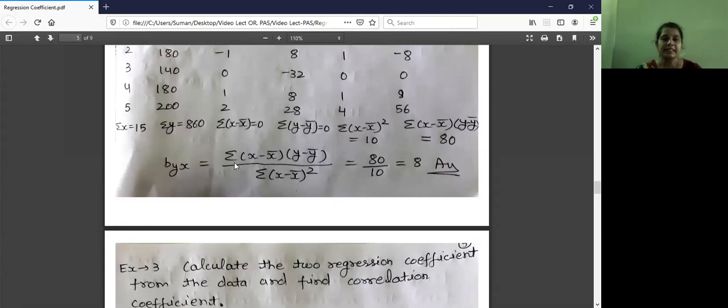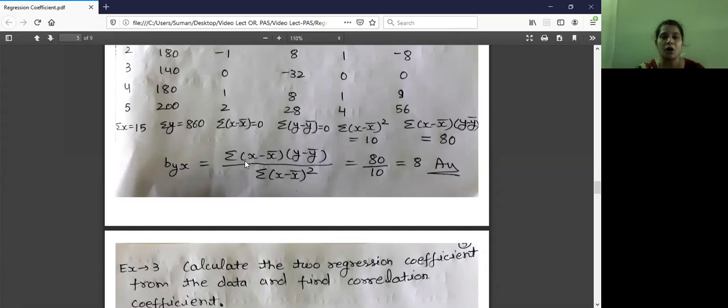Listen carefully, sometimes in this term students write the value of 0, because summation x minus x bar equal to 0 and summation y minus y bar equal to 0. So sometimes a student multiplies both these values, summation x minus x bar into summation y minus y bar. But here, don't be confused.